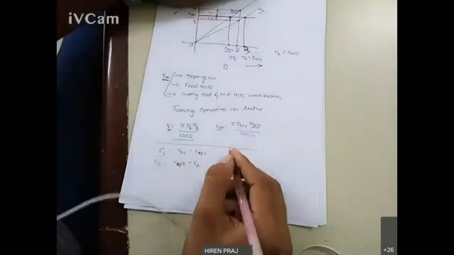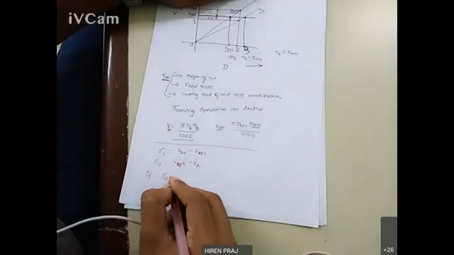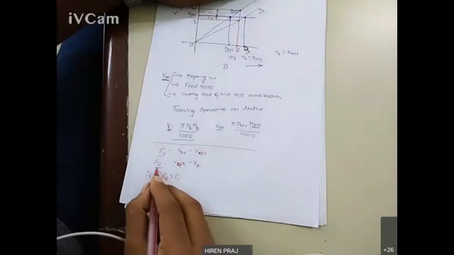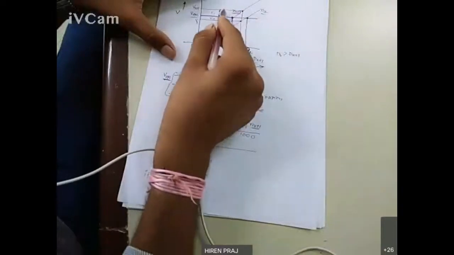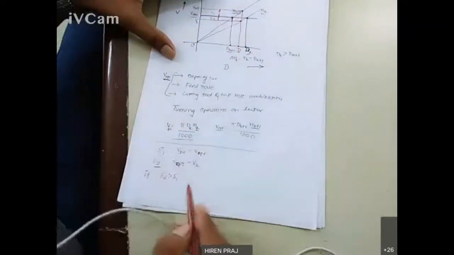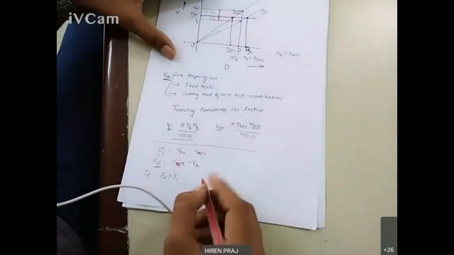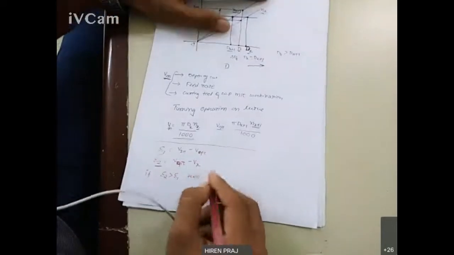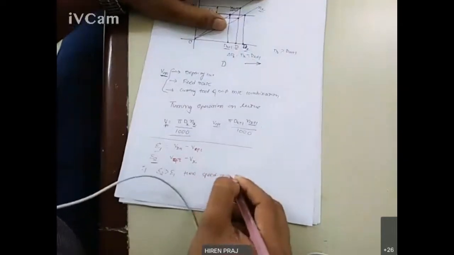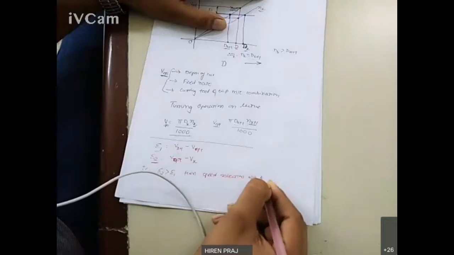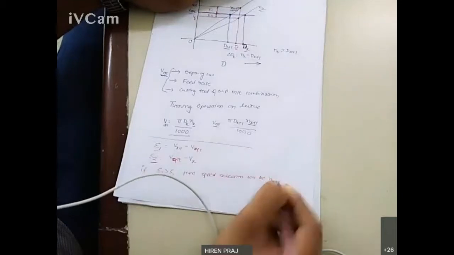For example, if sigma 2 is greater than sigma 1, meaning this value is more, then the closer speed is nx plus 1. So if sigma 2 is greater than sigma 1, then the speed selection will be nx plus 1.